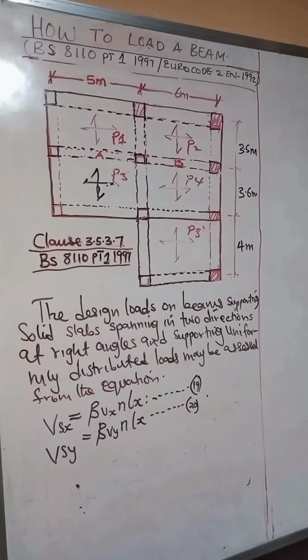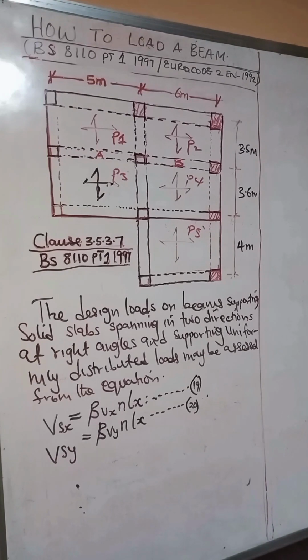Looking at the edge condition, we can call panel 2 two adjacent edges discontinuous, while we could call panel 4 one short edge discontinuous. The short edge there is the distance 3.6 meters.